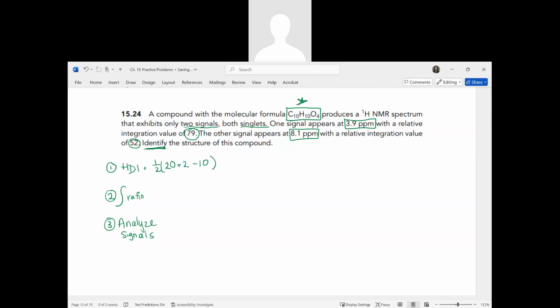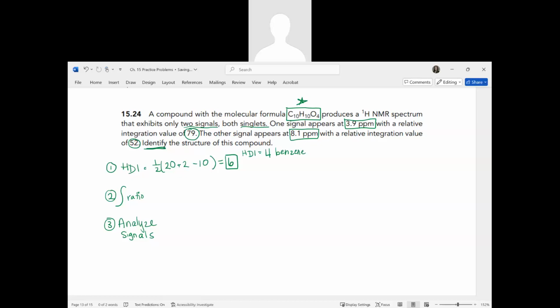So we have 22 minus 10, 12, divided by 2. We have an HDI of 6. Something you should take notice of is that an HDI equal to 4 commonly can represent a benzene ring. So we likely have that structure plus 2 other additional degrees of unsaturation in this compound.